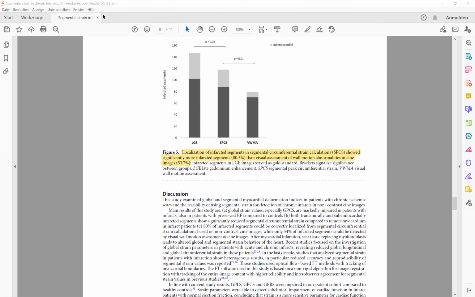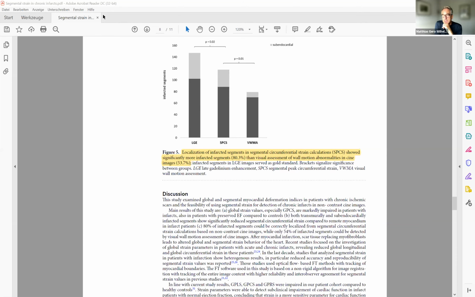So that's also one big problem. But for the transmural scars, you can fairly say they are matching with this impaired segment in the circumferential strain calculations. Yes.